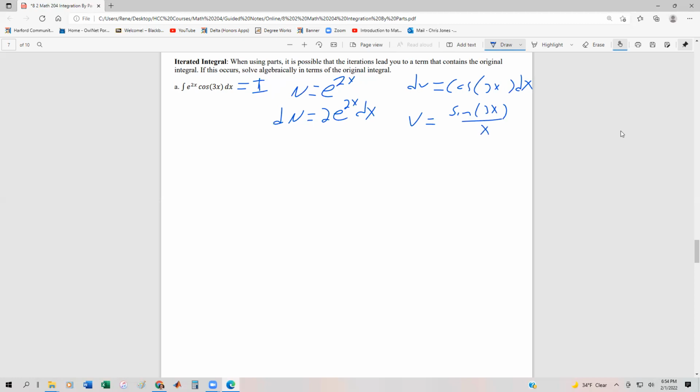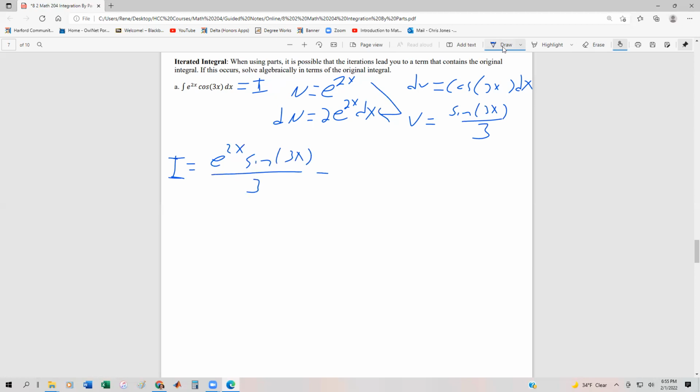Now, this doesn't look promising because it doesn't look like it's going to reduce. But we're going to use our parts formula. We're going to say that I is equal to uv, which is going to be e to the 2x sine 3x over 3. Oh, by the way, this should be divided by 3, not by x. Apologies.